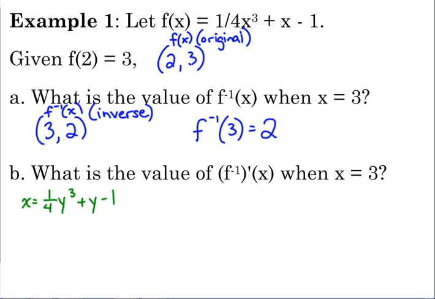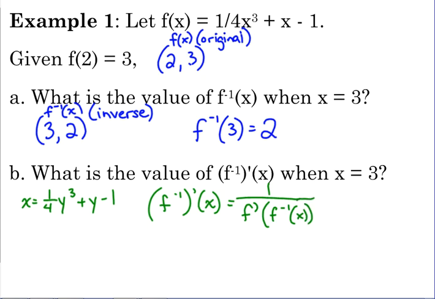So the only way to find the value of the derivative of the inverse is to use our rule. Our rule says the derivative of the inverse is equal to 1 over f prime, the derivative of the original, of the inverse of x.